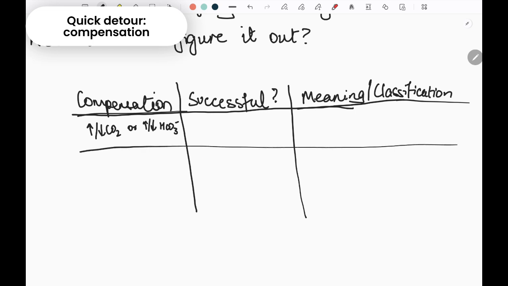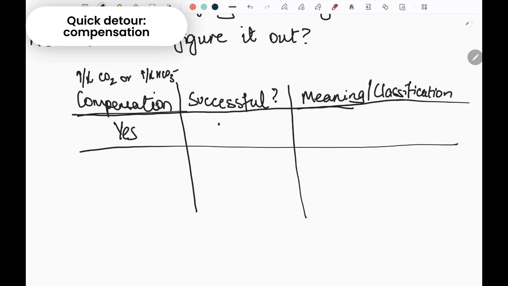Now, if the body is successful, as in, yes, it does compensate, then we ask, is the body able to do it appropriately, or is it achieving full compensation?